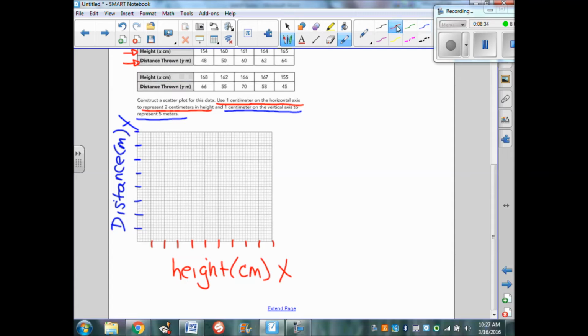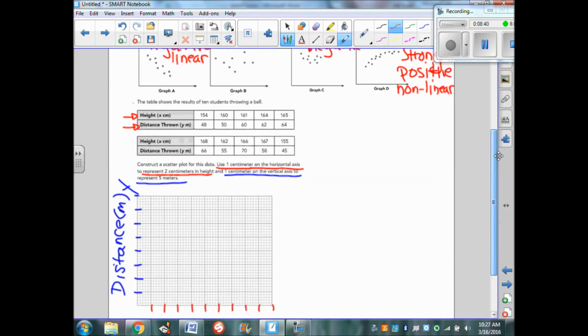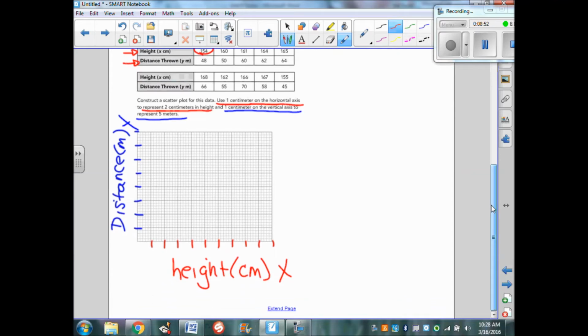And now when I go back to my height, what is the shortest person here? Okay, the shortest person looks like is 154 centimeters. So now, we've got to count by 2s.